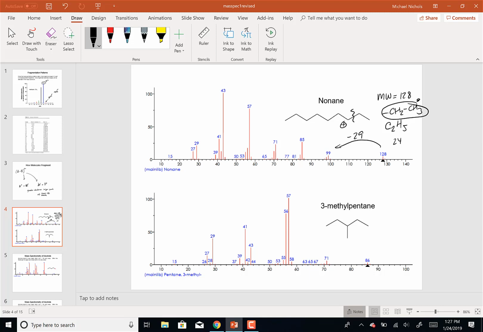And I could go on down the line here. I could say, well, how do I go from 99 to 85? I'm going to lose another 14. What corresponds to 14? CH2. So now going from here to here means I lost another CH2. So overall going from 128 to 85 means that I lost an ethyl group, a propyl group.